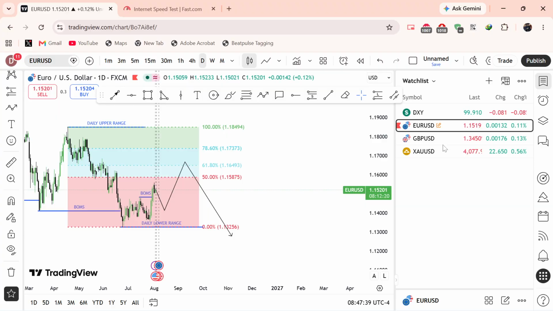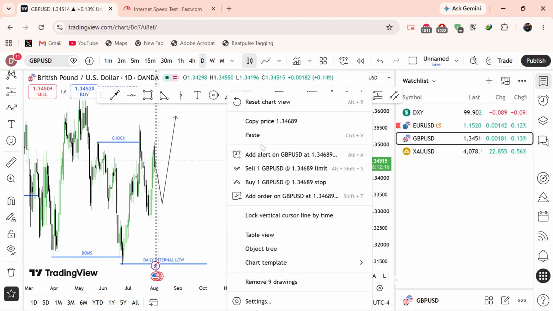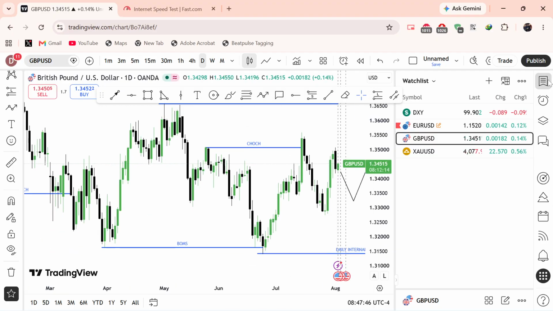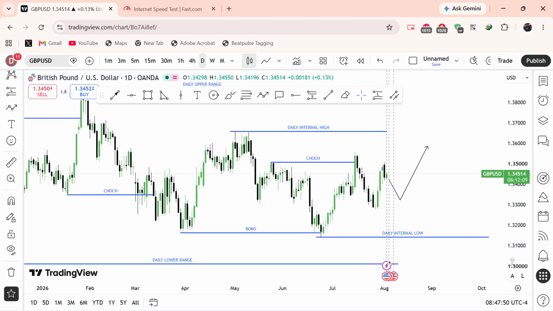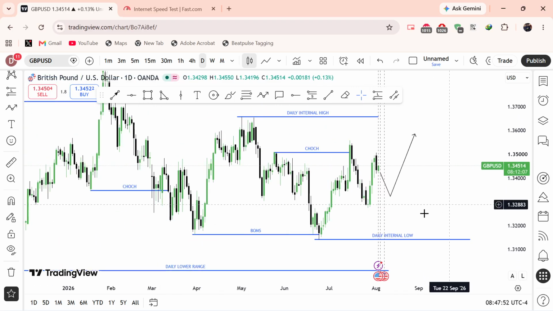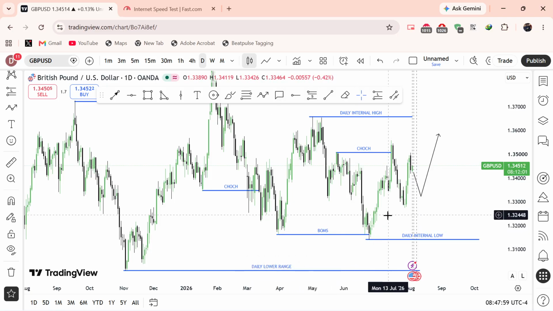Let's move to GU. GU has been choppy. You can see GU even did not close below this low. It did not close below it, but on the 4 hour time frame, it gave us that break of market structure.